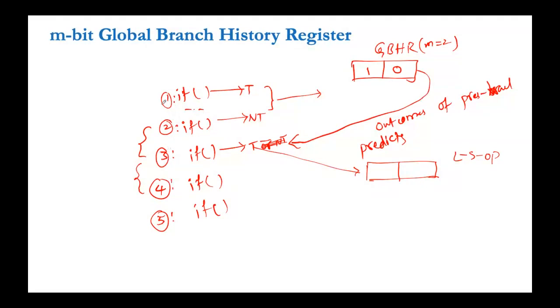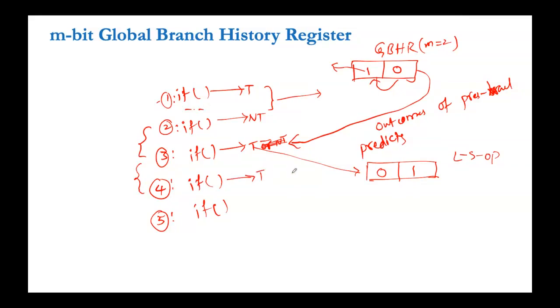For future prediction, the first one is not required, so this bit will be shifted out and removed from your branch history register. This 0 moves to this location and your third one is taken, so 1 becomes here. Now this history is used to predict the fourth one.